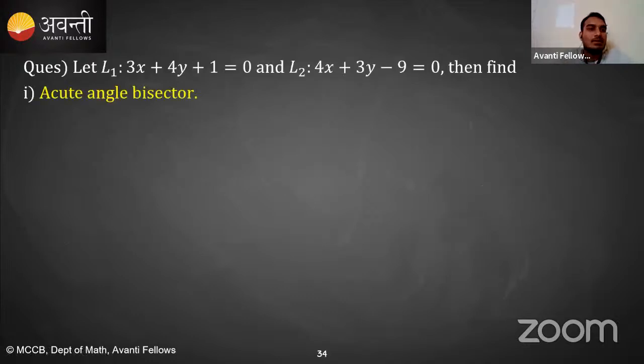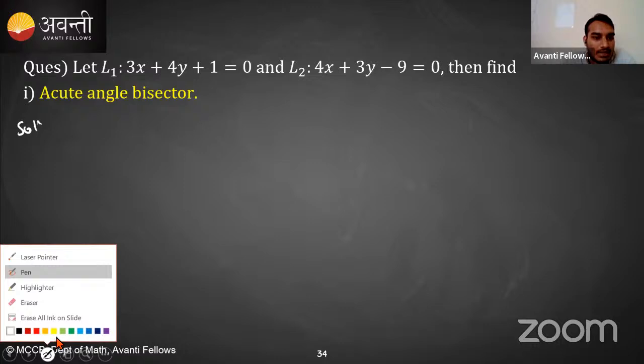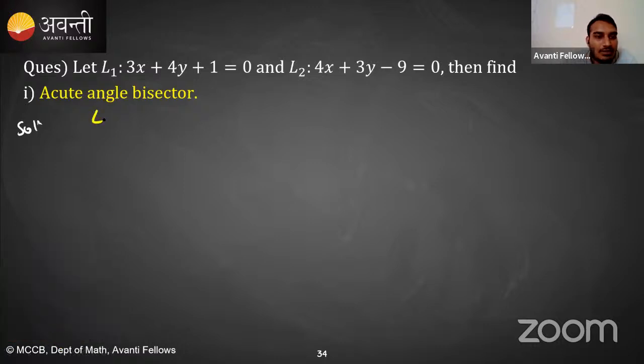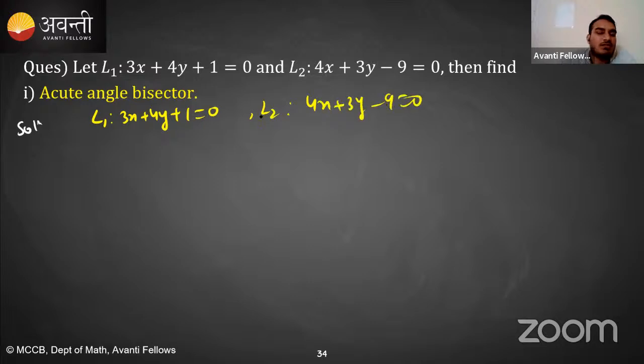Next question is: L1 is this, L2 is this. Then the question is saying find the acute angle bisector. First of all, write L1: 3x plus 4y plus 1 is equal to 0. Write L2: 4x plus 3y minus 9 is equal to 0. First of all, forget about the acute and obtuse angle bisector.